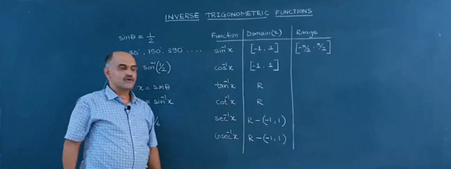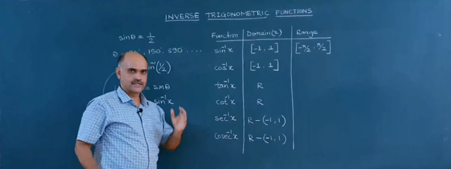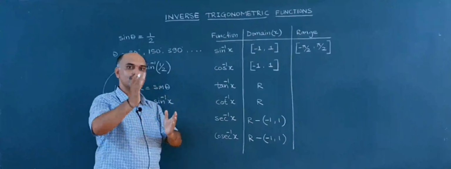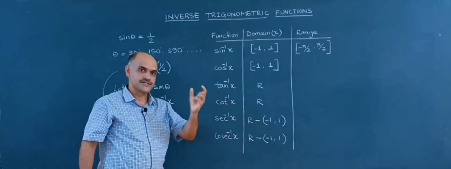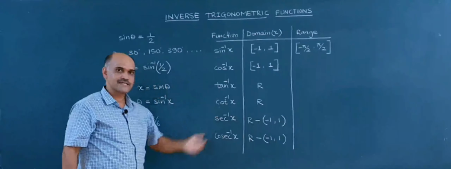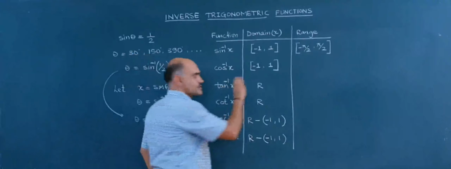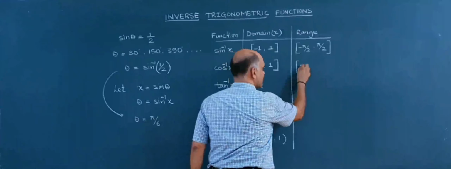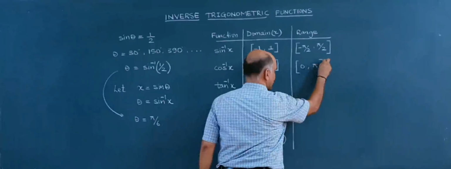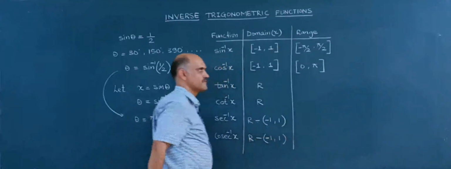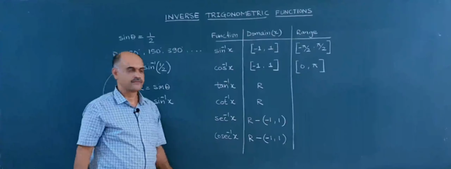Similarly, for cos inverse x, cos value is 1 when its angle is 0 and -1 when its angle is pi. So here the range will be from 0 to pi.